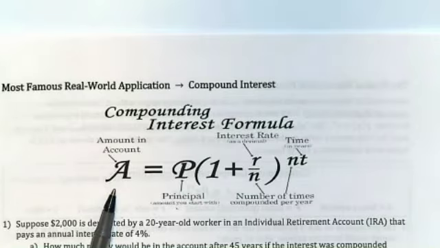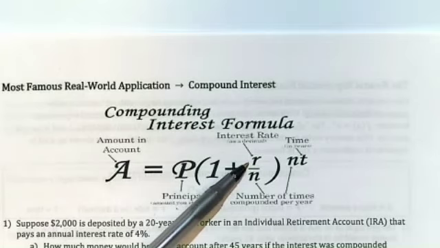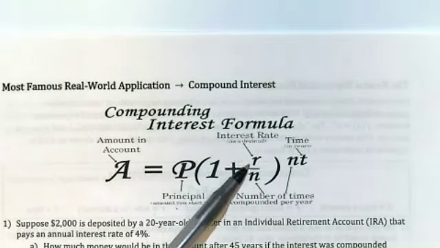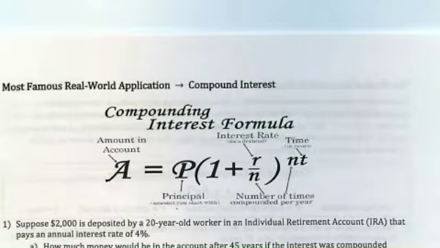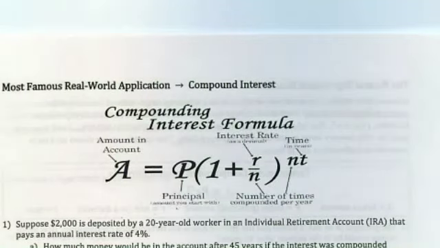Again, these are just variables. So P is that initial amount. R is going to be your interest rate. Very importantly, you always need to represent this value as a decimal. Remember, we talked about decimals at the end of the last video. I'm not going to go over how to convert decimals again, so if you need that or need supplemental information, please reach out.